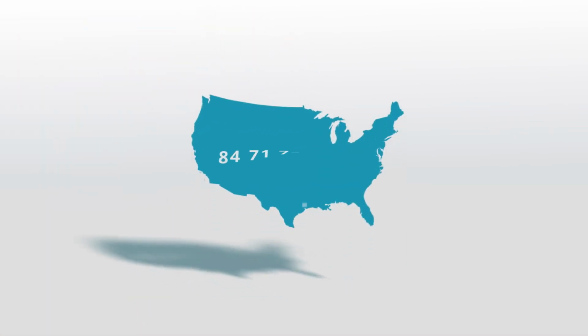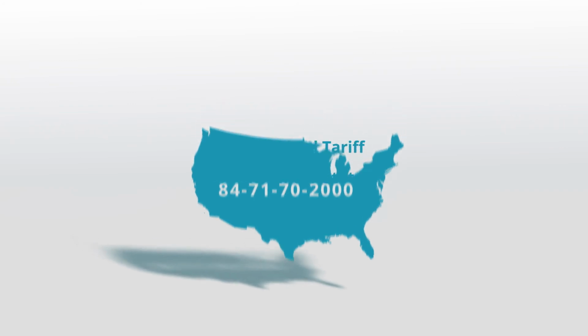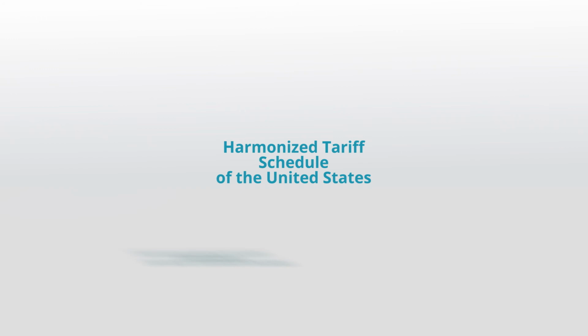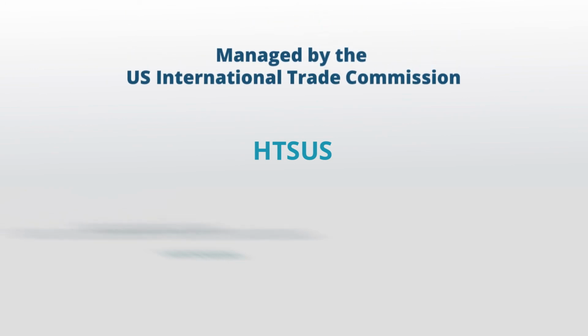When importing products into the United States, the 10-digit commodity code will go by another name. This code is known as the Harmonized Tariff Schedule of the United States, also known as the HTSUS. This system is managed by the U.S. International Trade Commission and is used to accurately calculate the import duty and provide statistical information.